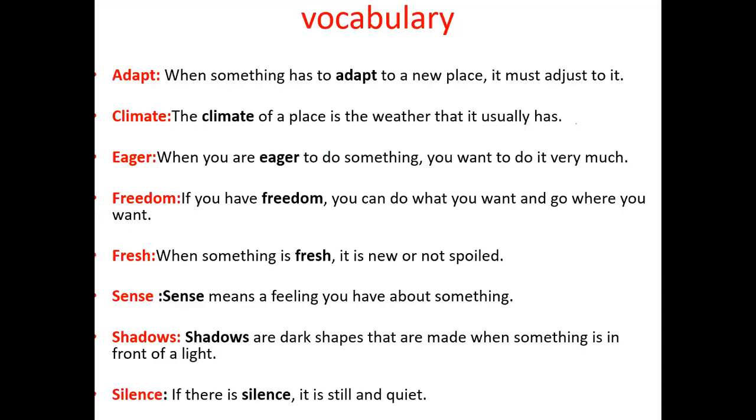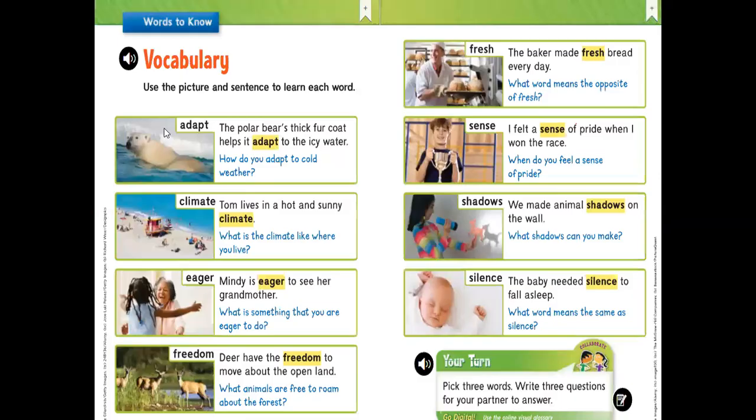Let's revise the words. Look here. What's the meaning of adapt? Adapt means to get used to living somewhere. Or you can say when someone has to adapt to a new place, they must become used to it. The climate is the temperature and the amount of rain in a place.